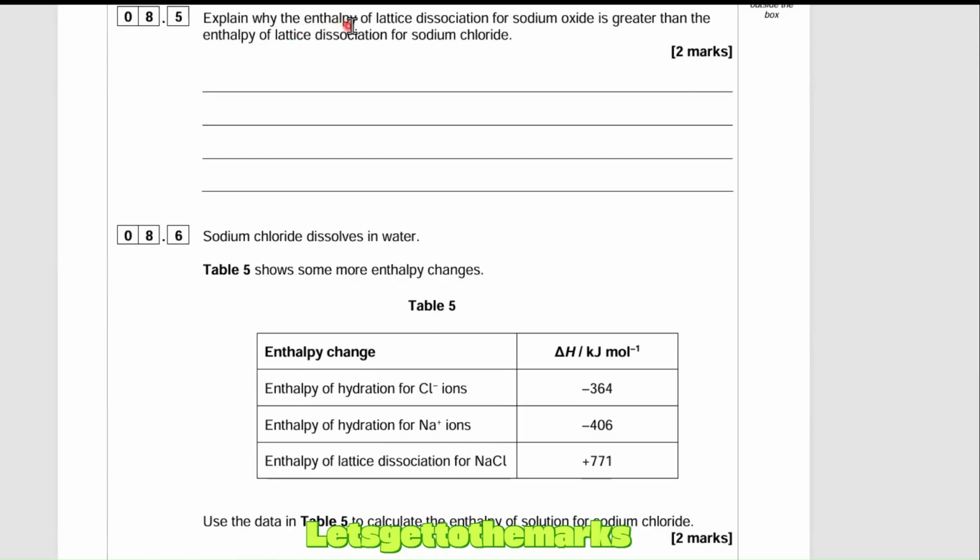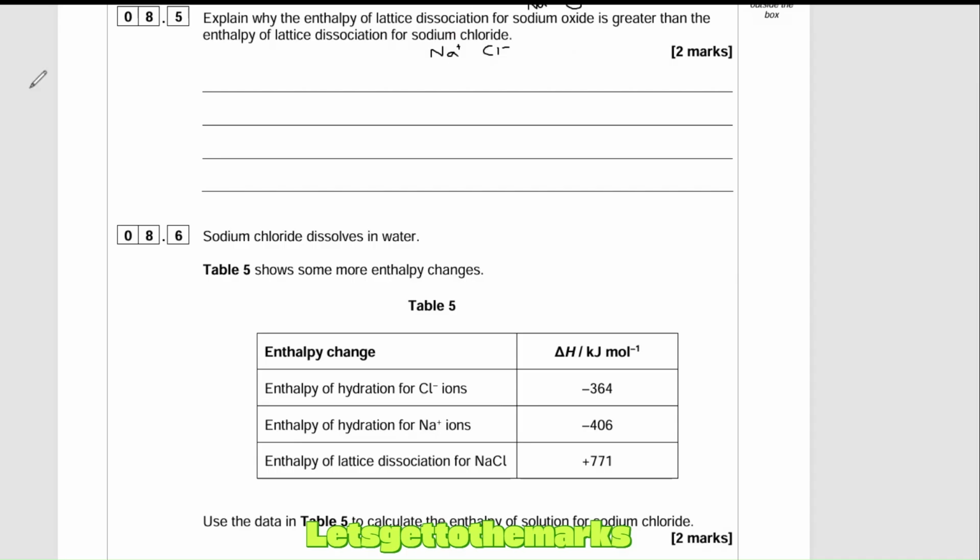Explain why the enthalpy of lattice dissociation for sodium oxide is greater than the lattice dissociation of sodium chloride. So let's pause the video, grab your pen, grab your paper, have a go, or I'm going to go through it. Right. If you think about it, sodium chloride is made of a sodium positive ion and a chloride ion. And sodium oxide is made of two sodium pluses and an oxide ion, which is two minus, it's in group six.